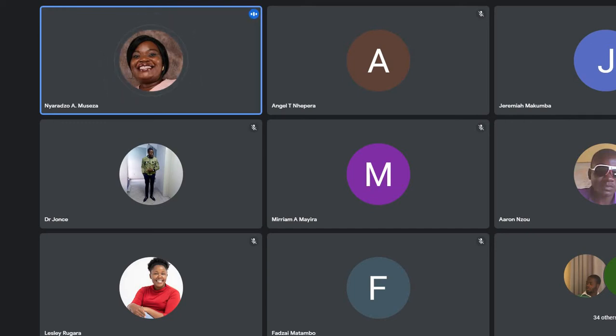Chinobatsira kuita differentiate the roles. I'm sure this is telecoms, but I think it cuts across different industries. The first one is masters in datascience.org.